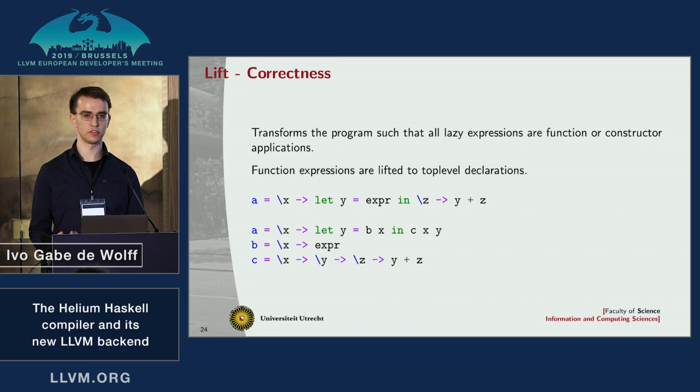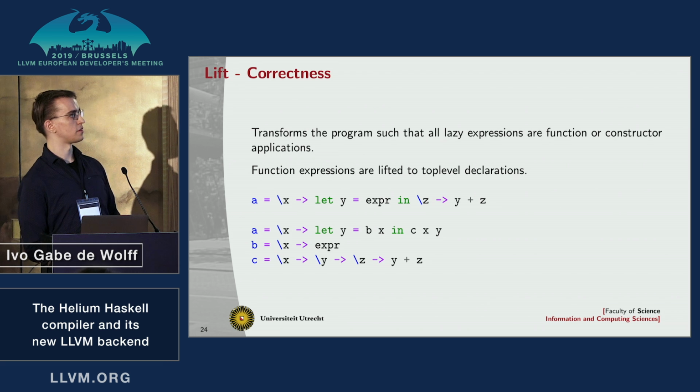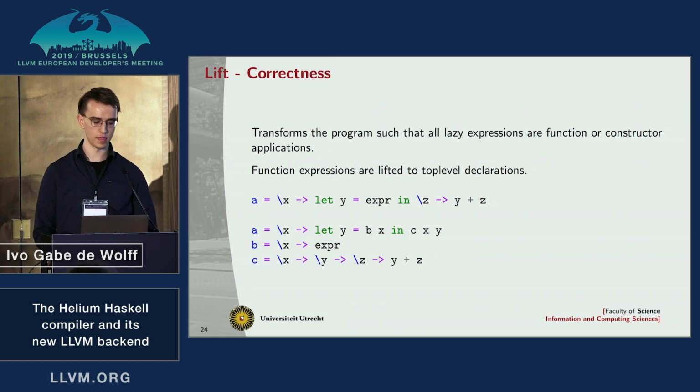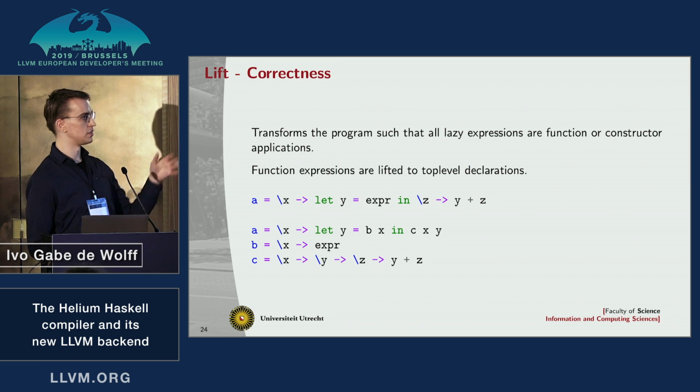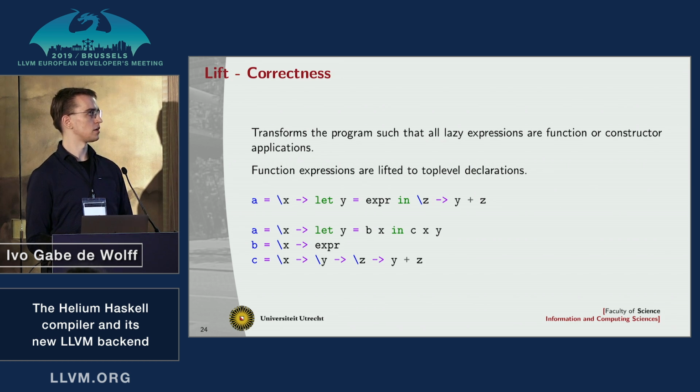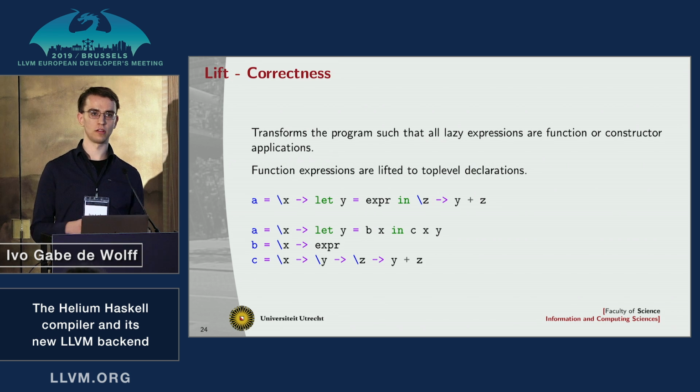So if you find some function expression which is not on the top level, like in this case, where we have the lambda with argument z at the end of the first line, then we must lift that to a new declaration, declaration C in this case, where we bind that lambda with all variables which are in scope.